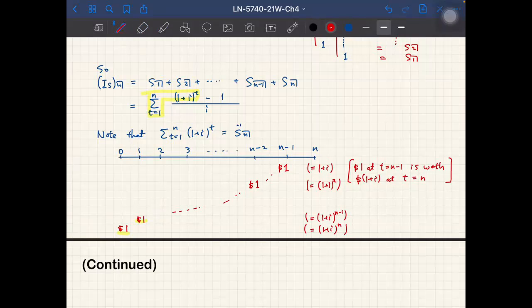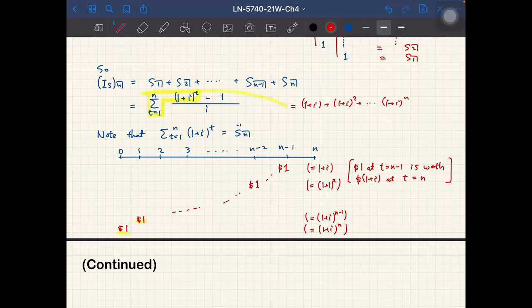So we want to calculate the summation t equal to 1 to n of (1 plus i) to the t's power. So this is equal to (1 plus i) plus (1 plus i) squared up to (1 plus i) to the nth power.